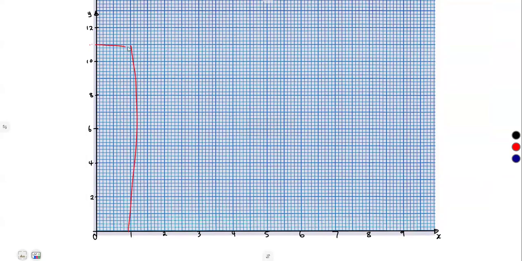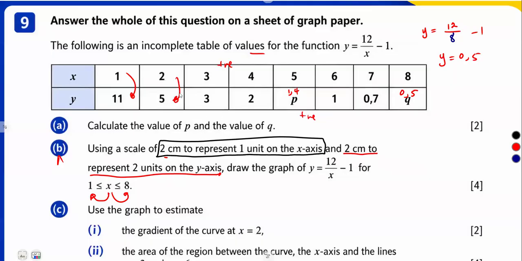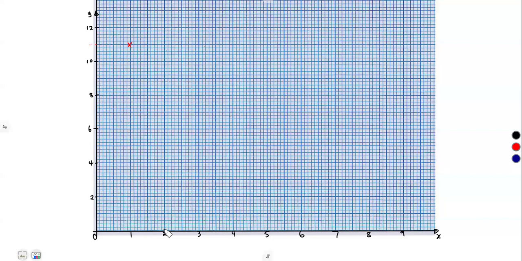So 1 versus 11, where they meet, you mark a point. So that was going to be somewhere here. Then 2 versus 5, in between 4 and 6. That's where we've got 5. So 2 versus 5 is going to be this point.